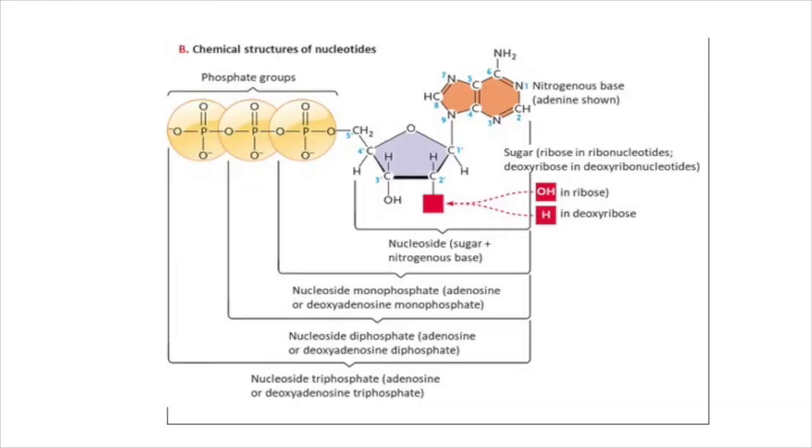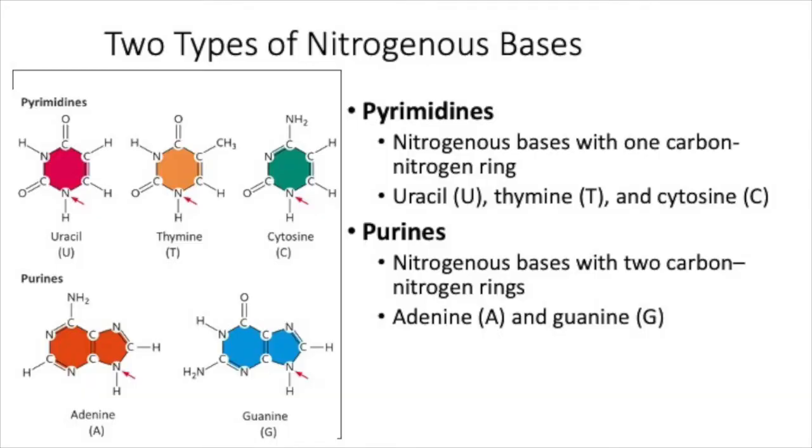So you're going to have the nitrogenous base, the 5-carbon sugar, which is a pentose type of sugar, but it's ribose in ribonucleic acid and deoxyribose in deoxyribonucleic acid. Right? And then a phosphate group. 2 types of nitrogenous bases: pyrimidines and purines.